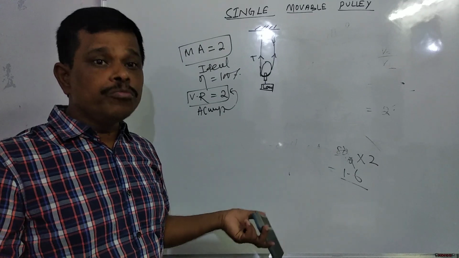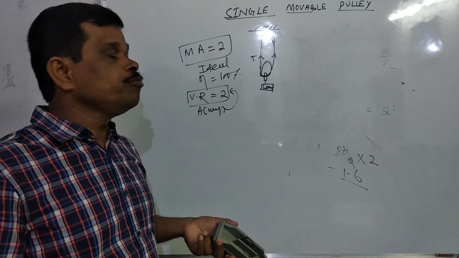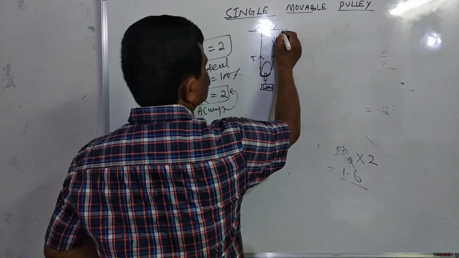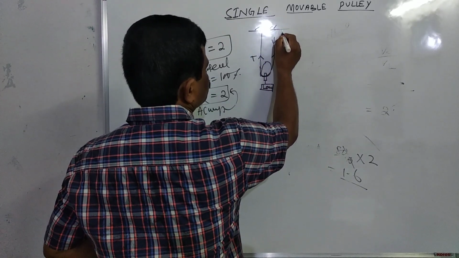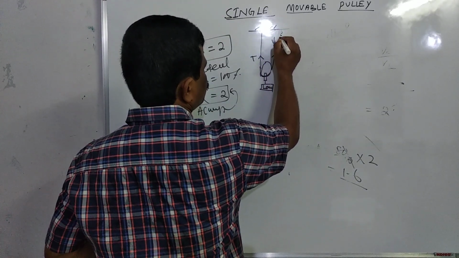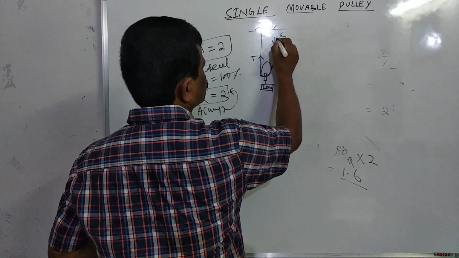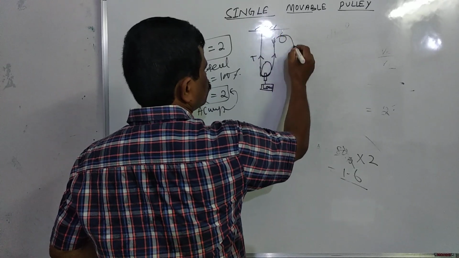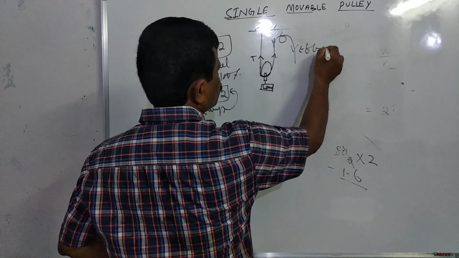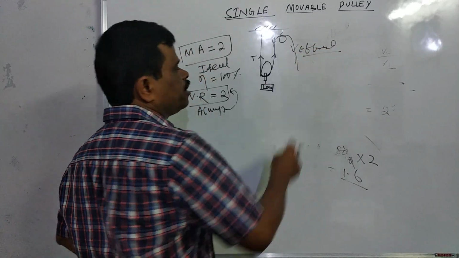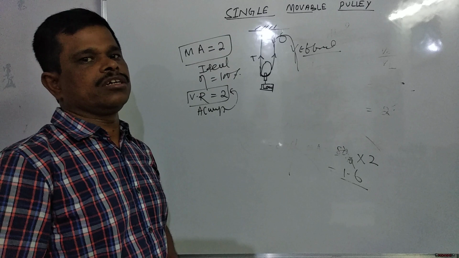So we have to improve the machine. Then how will you improve? We will fix a fixed pulley here, and this will pass the string here. So now you will apply the effort here, and the effort is applied in a convenient direction.